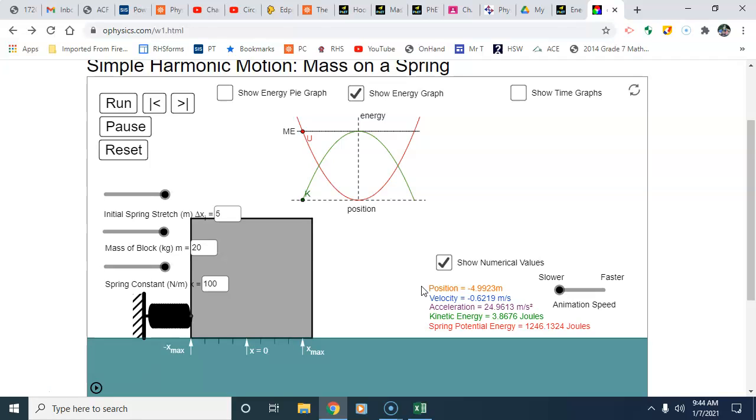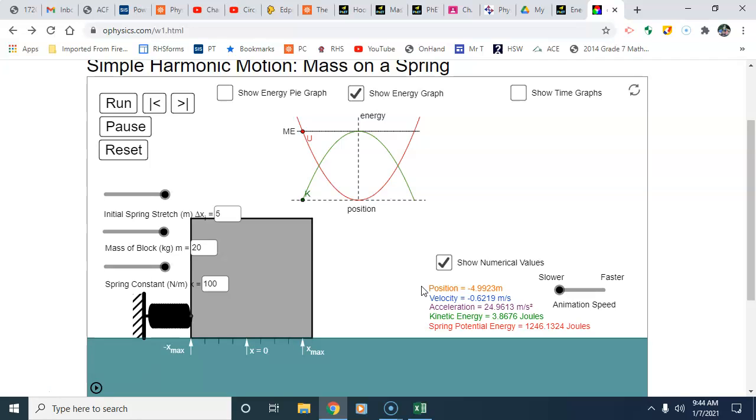And where I started from before I hit run was the equilibrium position. It wasn't moving, right? So notice I go to the left, so I'm in the negative positions right now. If we're measuring from right here, which was marked x equals 0, it's now pushed back to some negative x max. Later in the year, we refer to that as the amplitude of something like this.